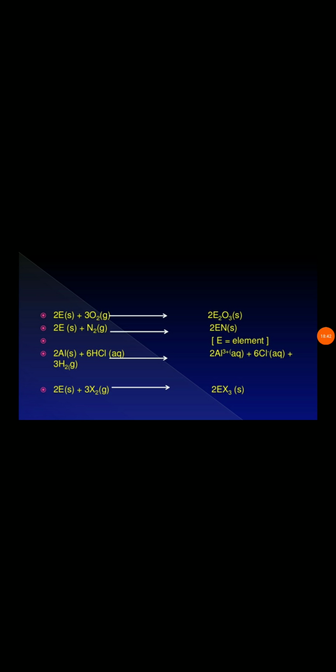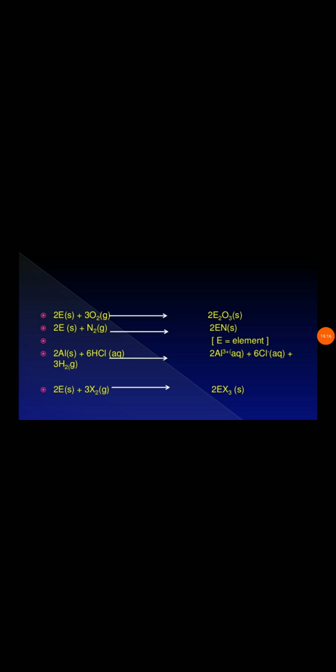First reaction, see that. E is nothing but the element. A group 13 element reacts with oxygen to give E2O3, which is either Al2O3 or B2O3, like that: aluminium oxide, boron oxide, gallium oxide. All oxides will be forming.